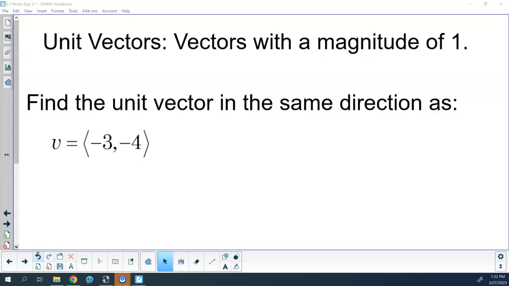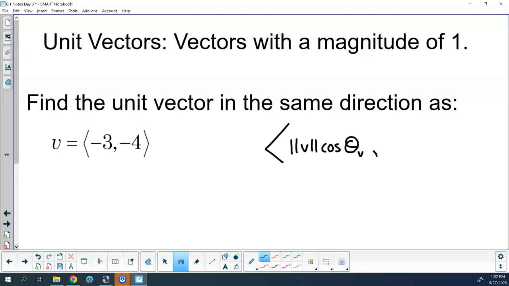I would first have to recall that any vector is the magnitude times the cosine of its direction angle, comma, the magnitude times the sine of the direction angle. Well, I know the magnitude is 1 because I want the unit vector, so I just need to find the direction angle of v.